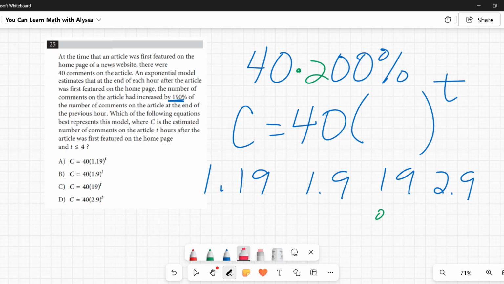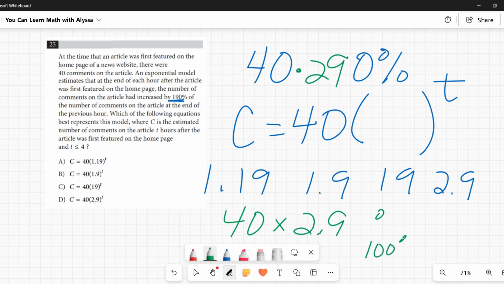We need to multiply by 290%. So if I multiply that 40 by 290% or 2.9, I would be getting 100%, which is my original 40, and then the 190% increase. I'm adding those together to get 290% or 2.9.